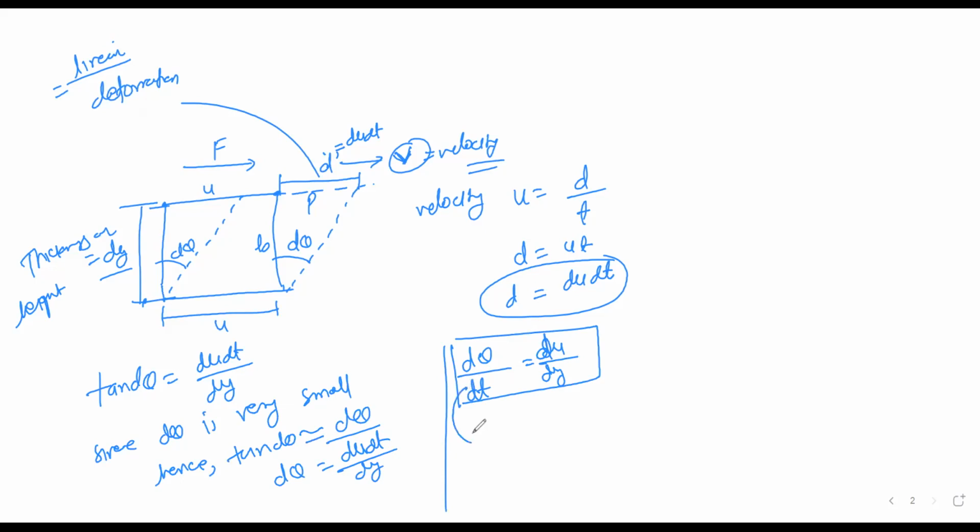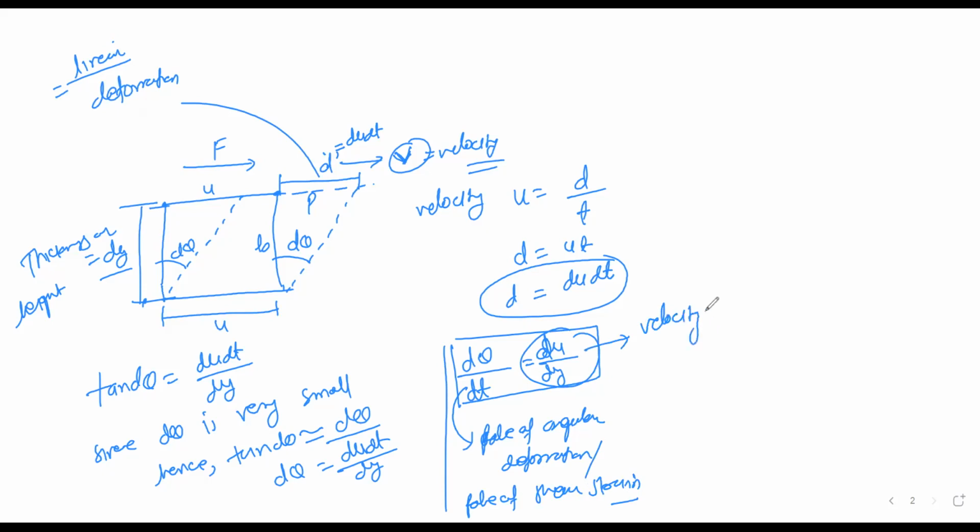So this d theta by dt is called the rate of angular deformation, or rate of shear strain. And this du by dy is called the velocity gradient.